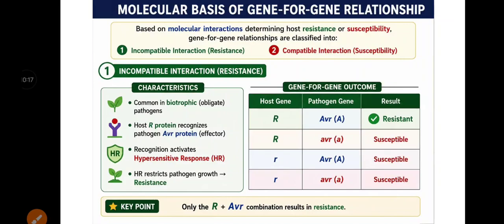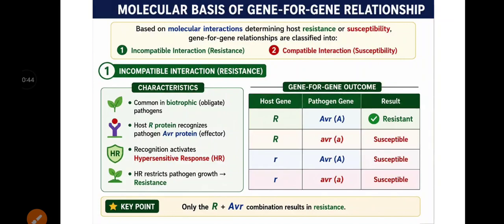Next, about the molecular basis of the gene for gene relationship. See, we know that the R gene and AVR gene are interacting, but how the ultimate result, either susceptibility or resistance, is developing, that we will study in the molecular basis of the gene for gene relationship.